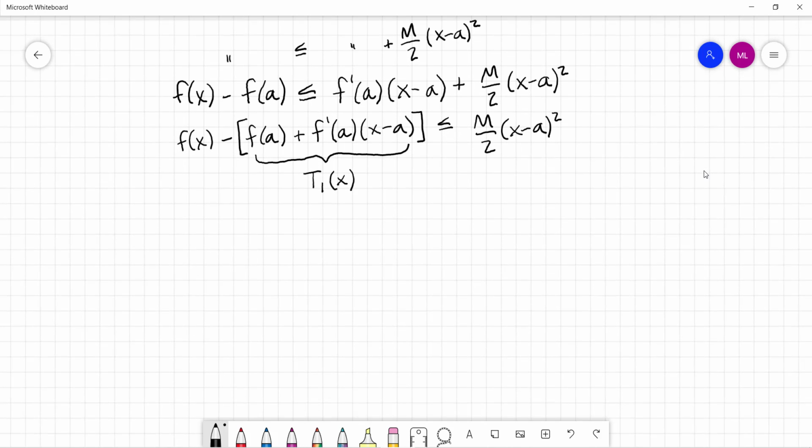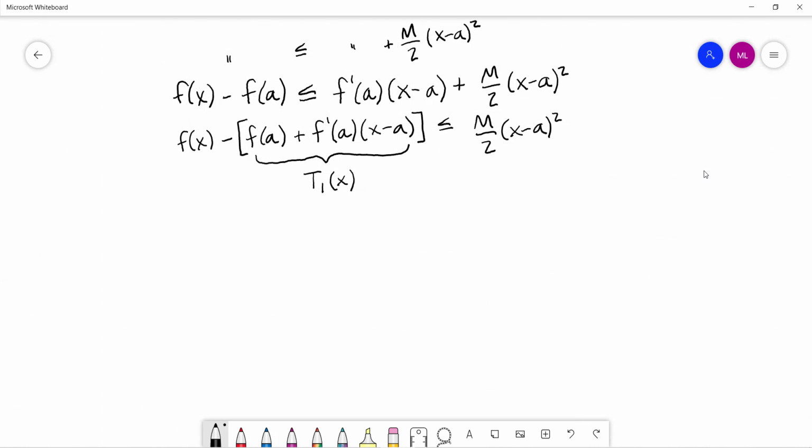And so what we're saying is, if I look at the difference between the original function f and our approximation of f, which is in this case a first degree approximation, T1 of x, that gives me the remainder. But we have a bound now that the remainder must be less than this term over here, m over 2 times x minus a squared.